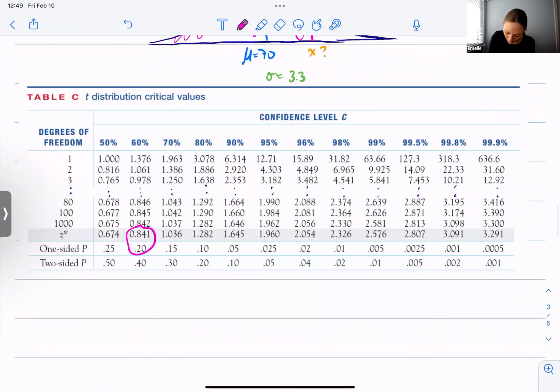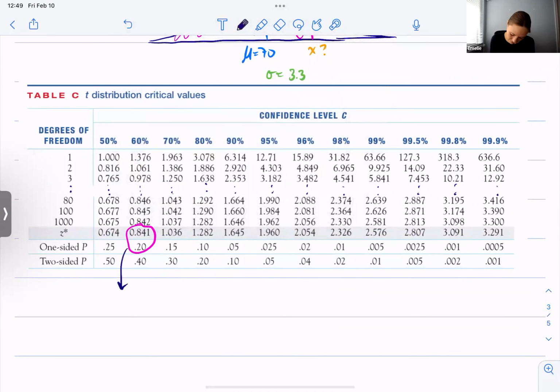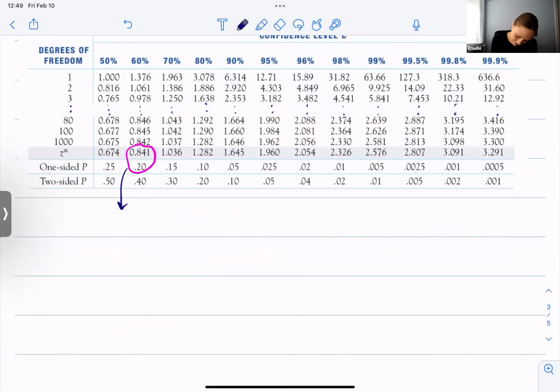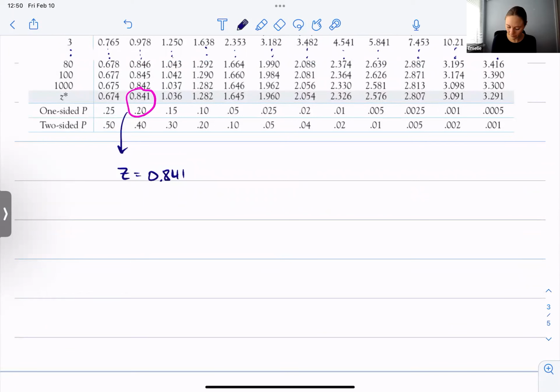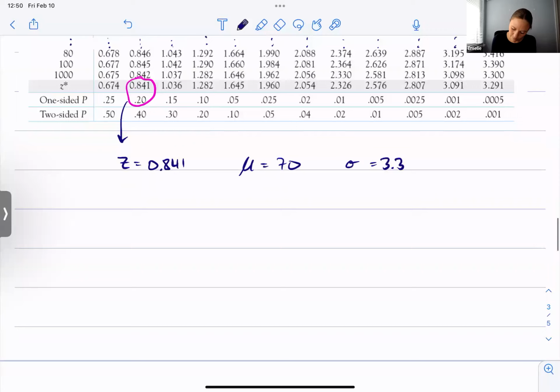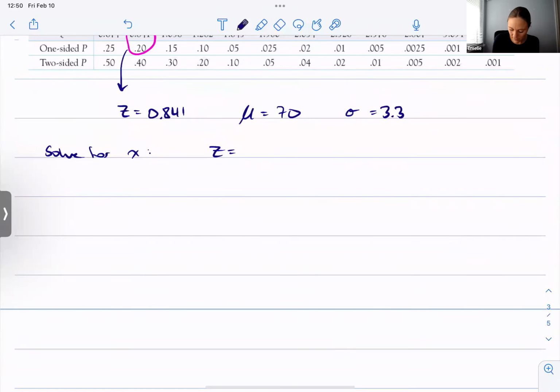I'm almost out of time, but what this means is that Z is 0.841, and the mean was 70 and the standard deviation was 3.3. Now we need to solve for x. Z is x minus mu over sigma.